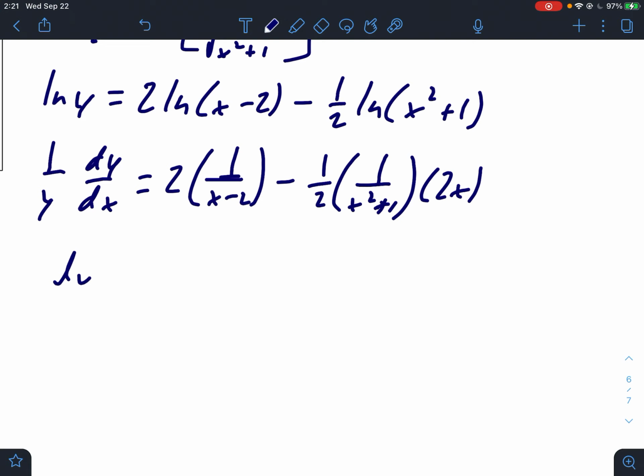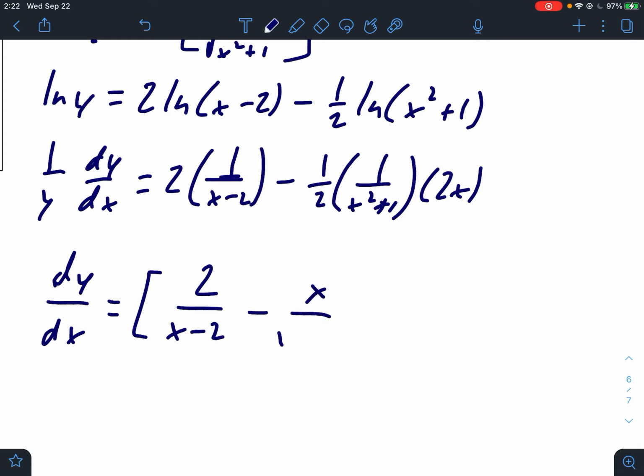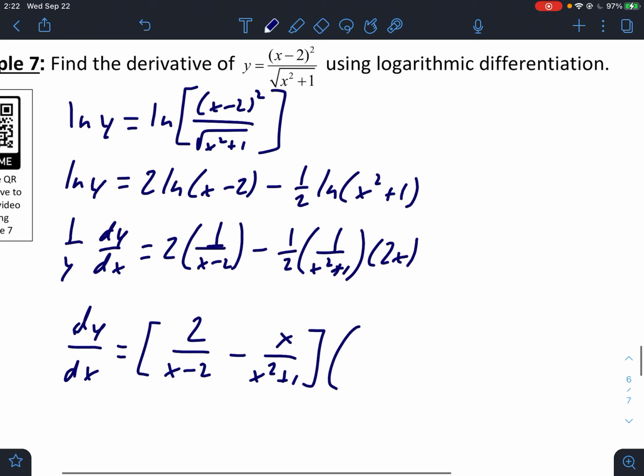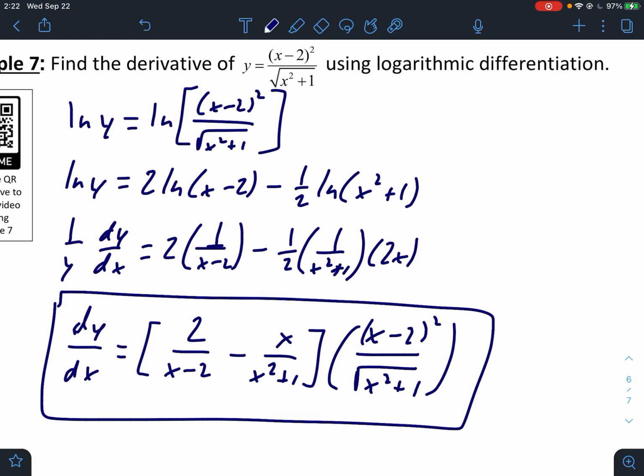And if I multiply both sides by y, I get 2 over x minus 2, minus, these 2's cancel, so x over x squared plus 1, times y. And what is y? (x minus 2) squared over the root of x squared plus 1.